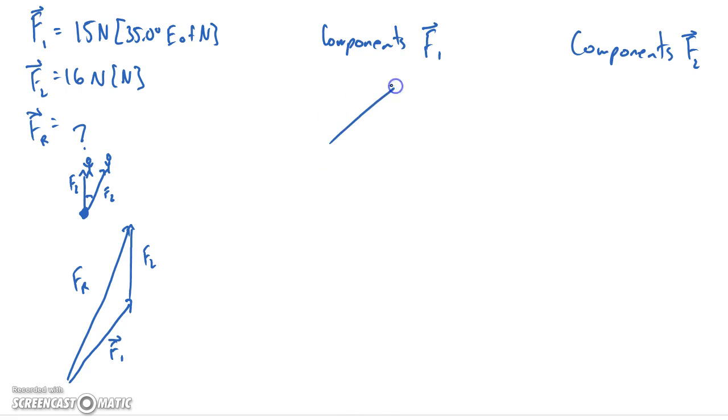So we'll have this diagram here, and we're 35.0 degrees east of north. So let's draw in our components that would make up this one, and then we've got F1, Fy, and Fx.